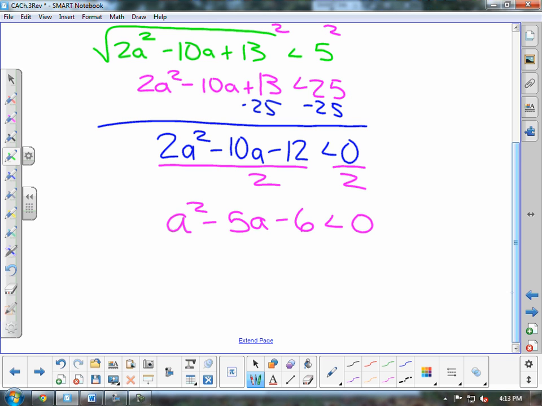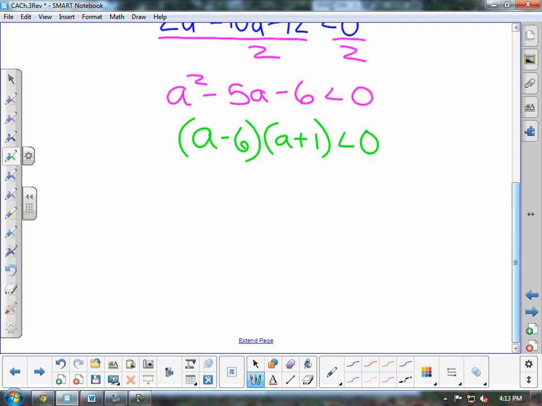Now here's what you use from chapter 2, and factor this to a minus 6, a plus 1, less than 0. And so in this case a equals 6, and in this case a equals negative 1.